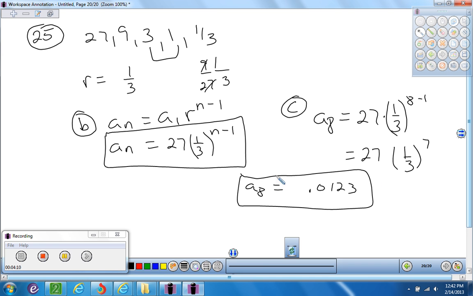Now if you did it in fraction form, you could take 3 to the 7th power, which is 2,187, and then we could reduce this and end up with 1 over 81. Now, if it's on a multiple choice test and you come up with a decimal answer, just divide 1 by 81, and you come up with this. So you can see which one matches up.